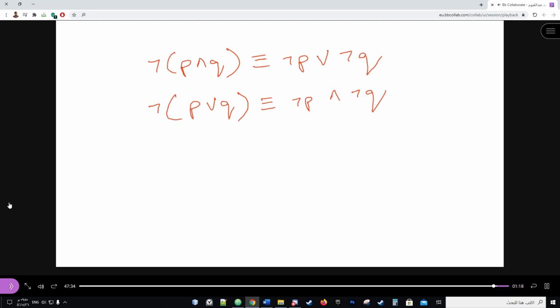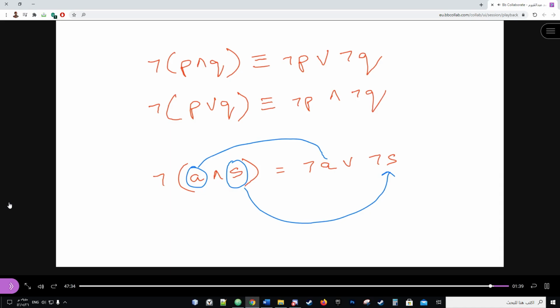It doesn't matter what P and Q are. They can be something like this. We just need to worry about what is here and what is here. So this goes here and this goes here. Then we looked at lots of other laws, so you can have a look at them from your own screens and computers.